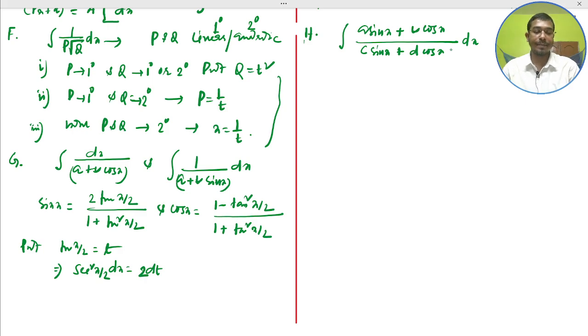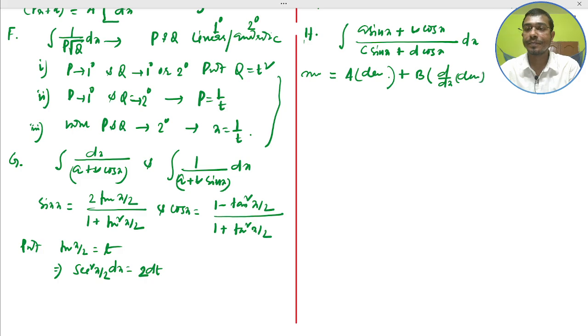For this form, let a and b be two constants such that the numerator is equal to a constant into the denominator plus b constant into the differentiation of the denominator, d dx of the denominator. This is how we choose them.